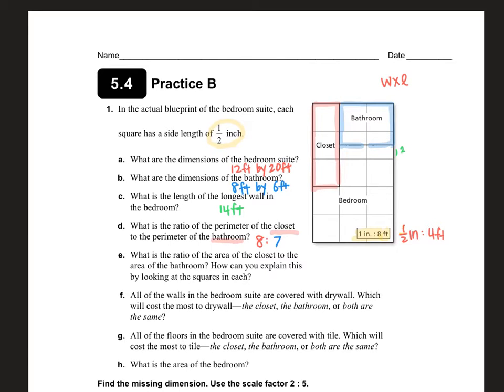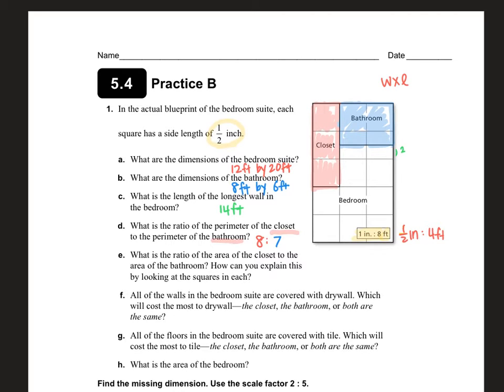Now, question E is asking the ratio of the area of the closet to the area of the bathroom. In order to find out, we're just going to count how many squares fit into that area. So I'm going to count. This is 1, 2, and 3. And then for the bathroom, I have 1, 2, and then I have these 2 halves that can make one whole thing.